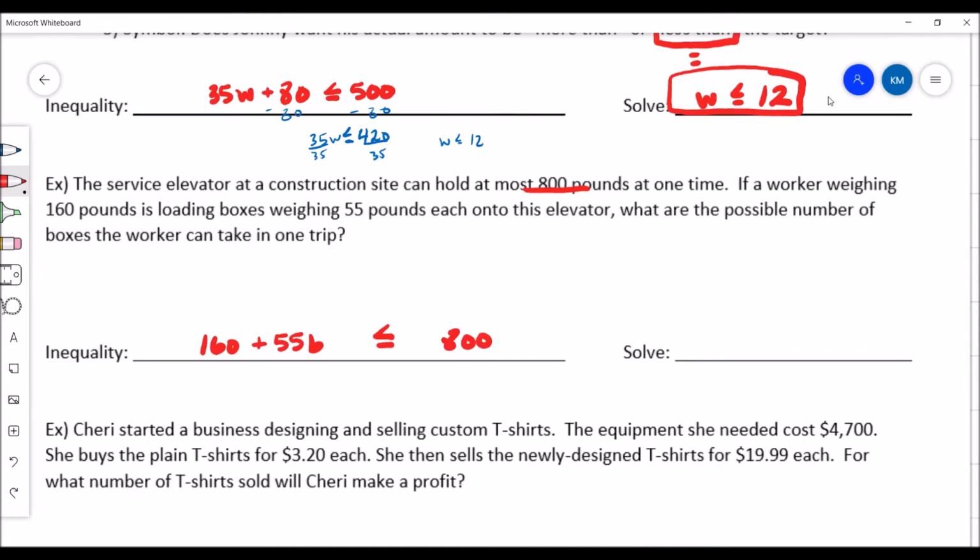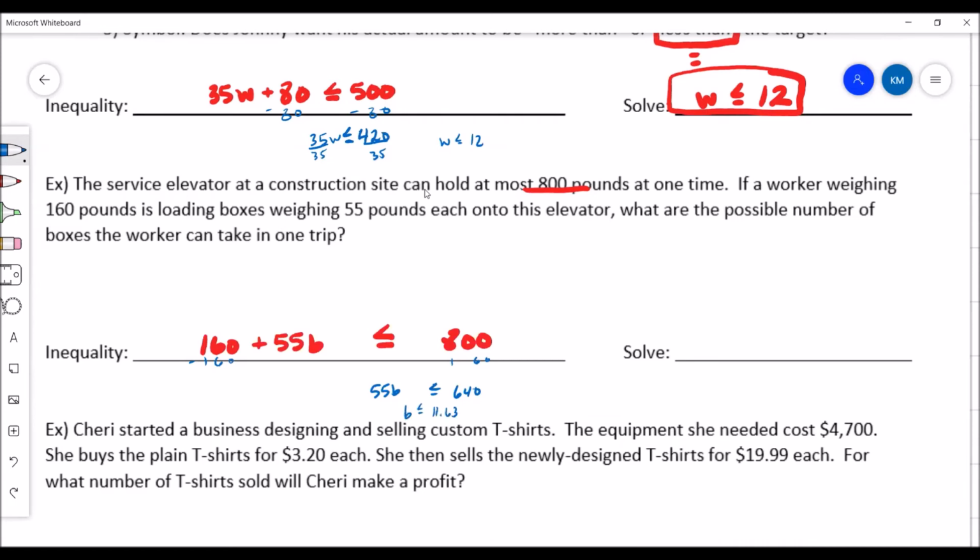So now we go through and solve it. Subtract 160 from both sides. That gives us 640. So 55b is less than or equal to 640. I'll do 640 divided by 55, and that gives me 11.63. Which is pretty good because we're talking about inequalities.